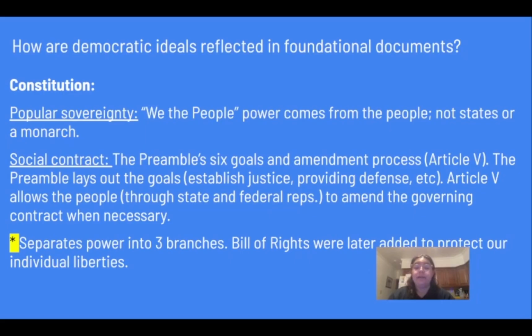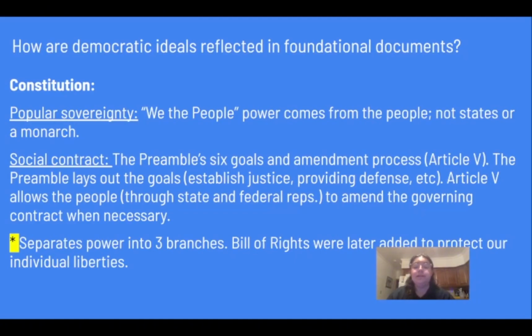Article 5 allows us, the people, through state and federal representatives, people that we elected on our behalf, to amend the governing contract when necessary, aka adding amendments to the Constitution. It's a whole process in terms of proposal and ratification, which we can get into more in Unit 2. All right, I left a little tip here.